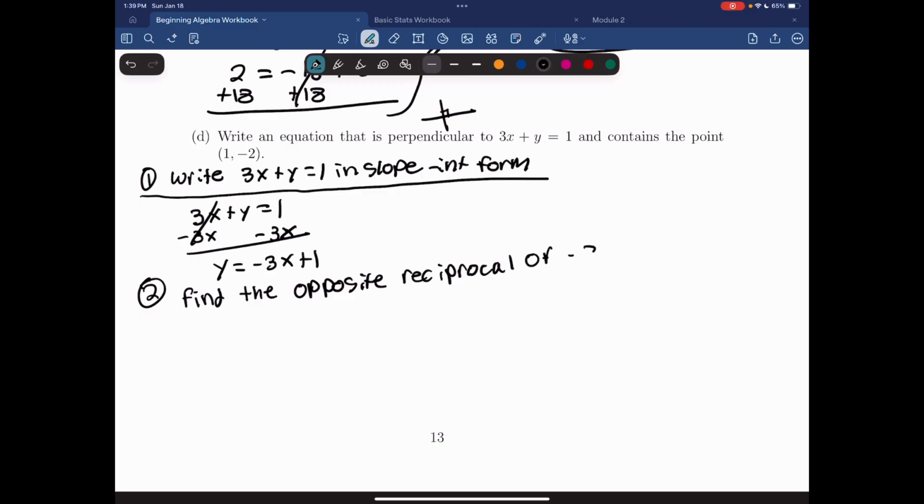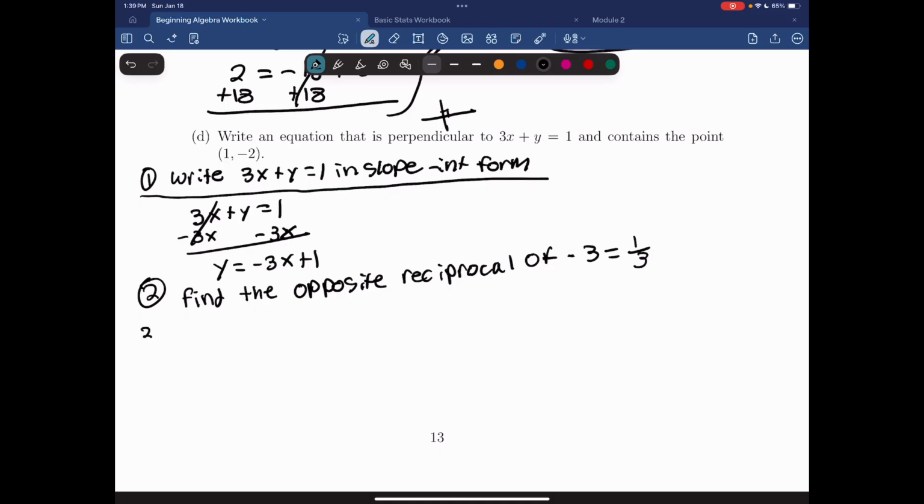The opposite value of -3 is a positive value. And to get 3 equal to 1, we're going to multiply that by 1/3. So the opposite reciprocal is positive 1/3.